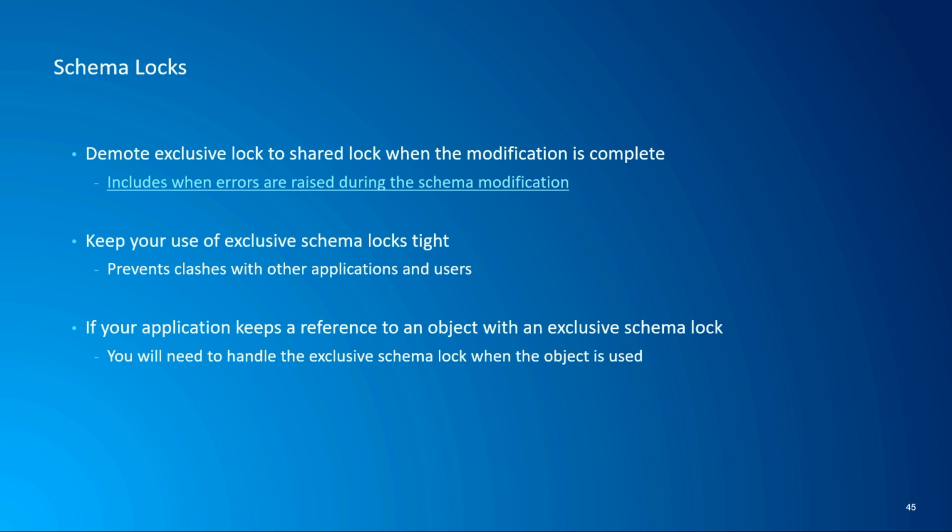So if you have a GUI implementation that's asking the user for information, filling out maybe a field set and all of its properties, we would cache all that information and then promote to an exclusive lock, modify the class's schema, and demote immediately. It's really important that demotion happens within the normal flow of our program, as well as all error cases.